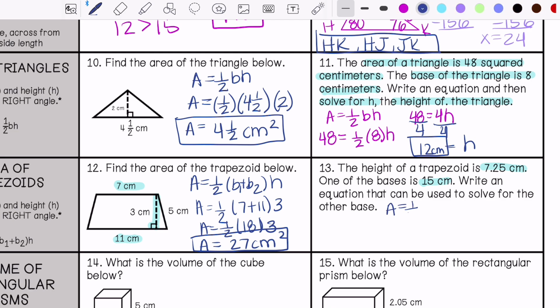So my formula for area for a trapezoid is this. Area, we don't know. Base 1, 15. Base 2, we don't know. And my height is 7.25 centimeters. So that's my equation.